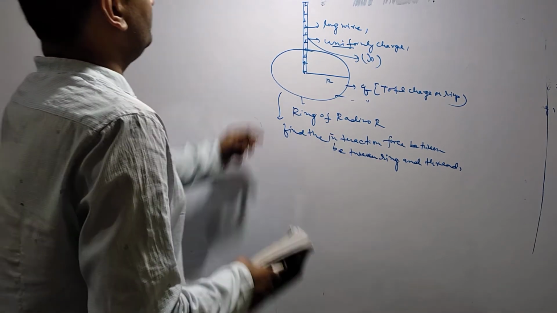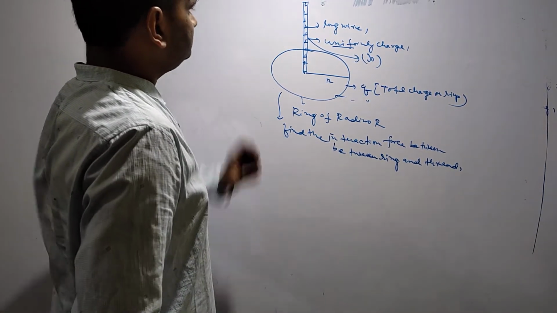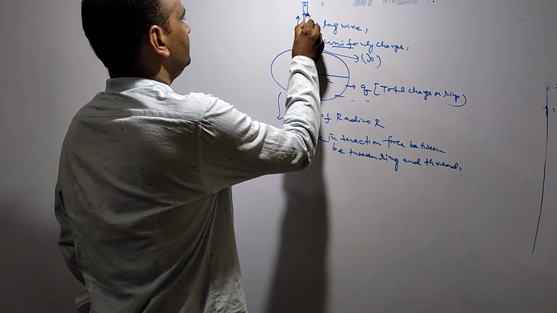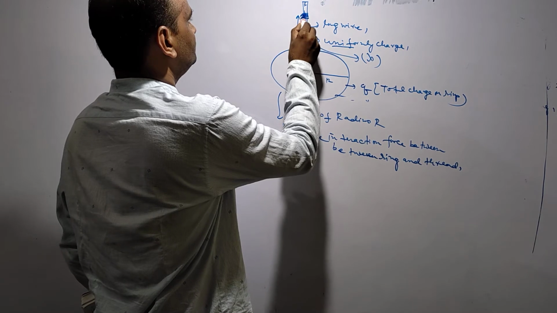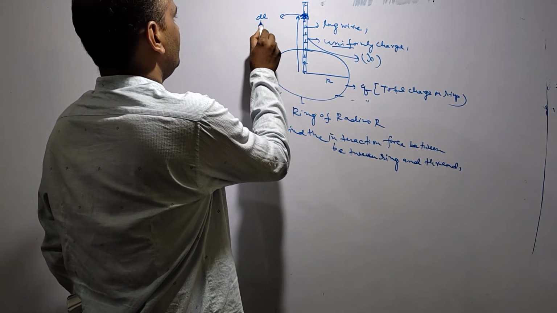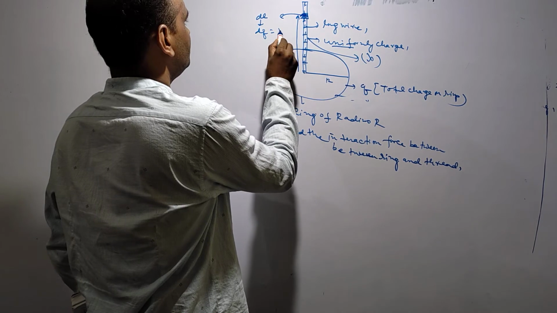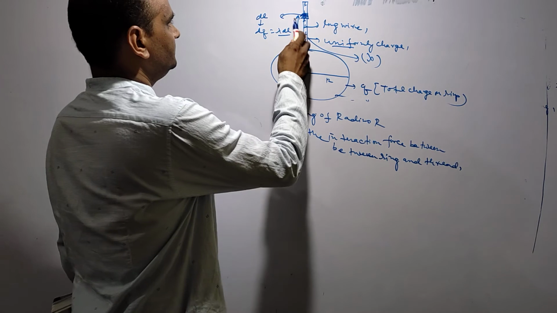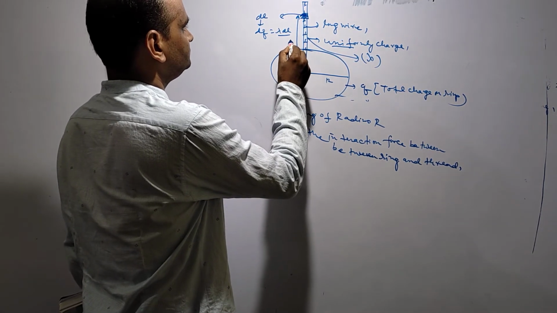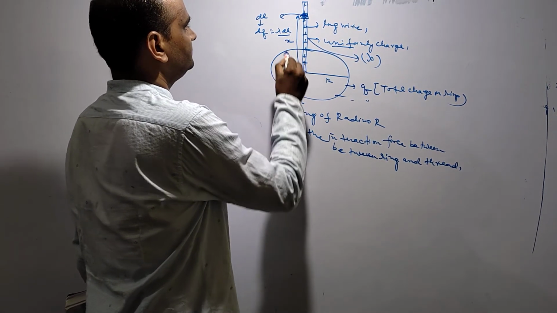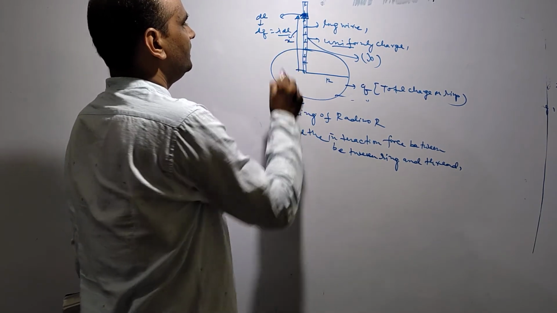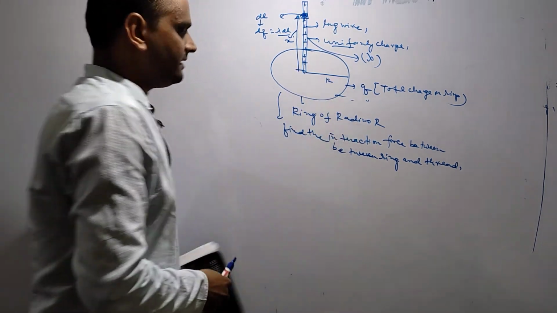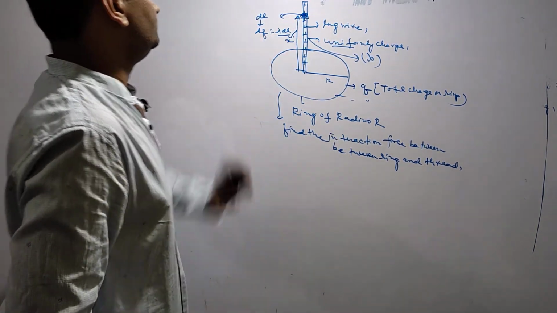How can we do this? We will consider the electric field due to this ring at this one, dl length having charge dq, that is nothing but lambda dl. Okay, and we know this is distance x, this is distance x, and we know the field due to the ring, and electric field into force.